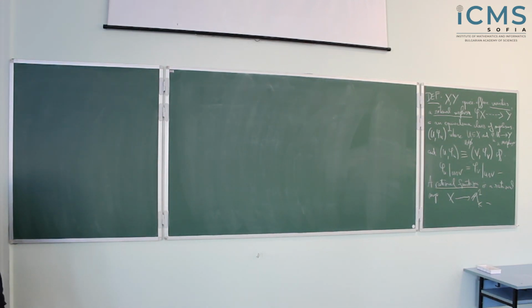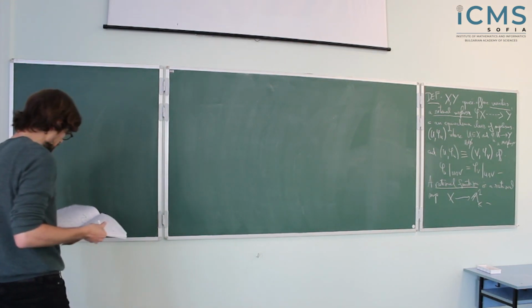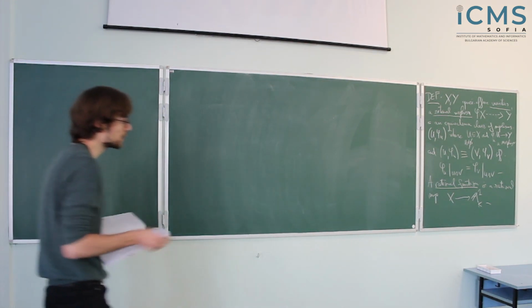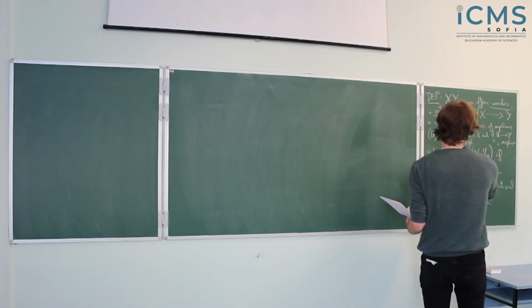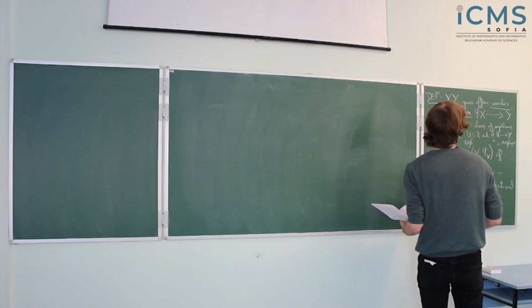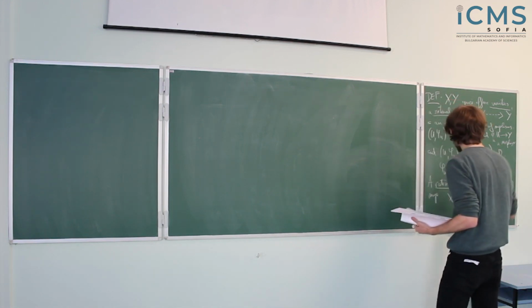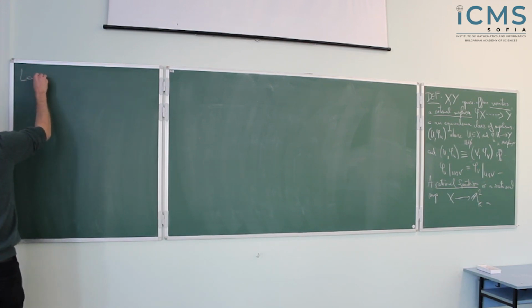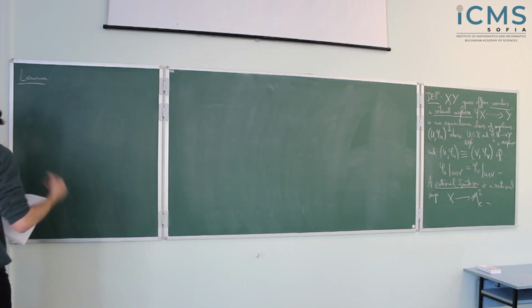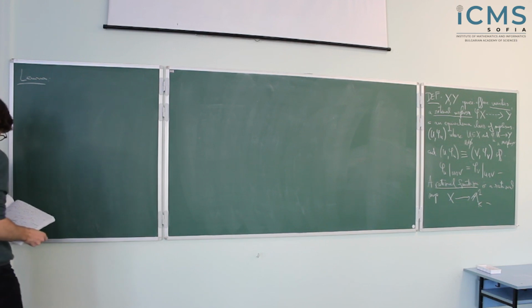Okay, so kind of like what I was saying about this identification between two rational maps like this, there's an important lemma we need to have in mind when we work with this.